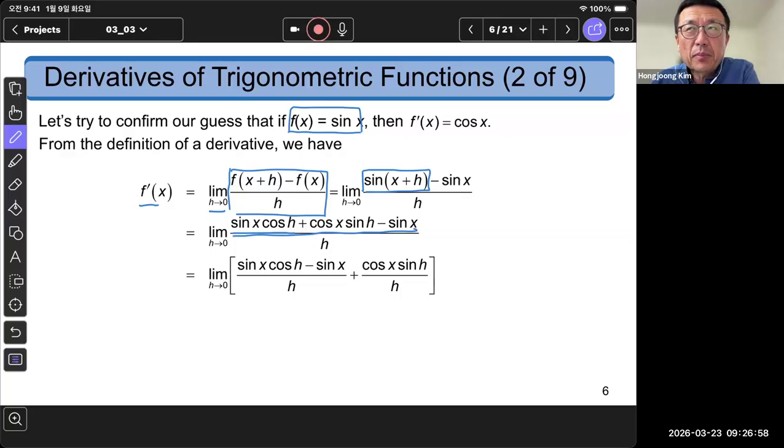Let me consider only two terms, sine x cosine h minus sine x, and then the other term, cosine x times sine h over h. And then I will let h go to 0. Please note that I am decreasing the value of h, not x. So we are considering the limit in h.